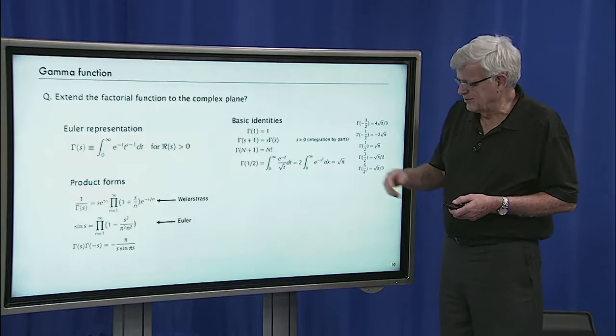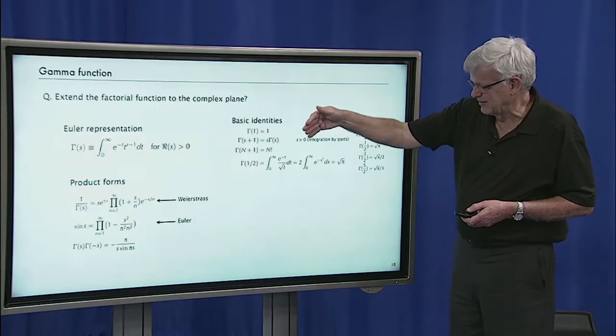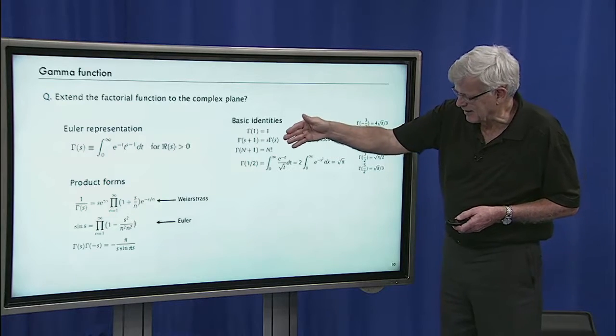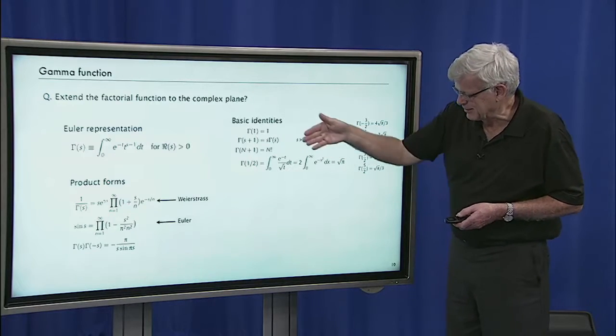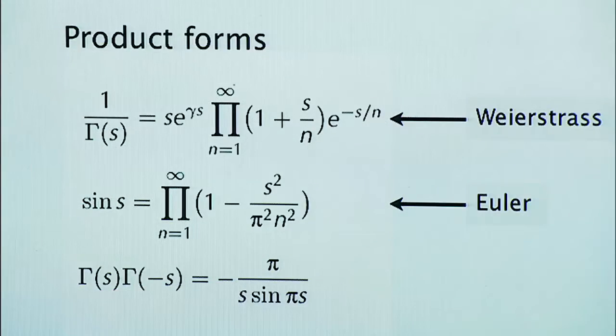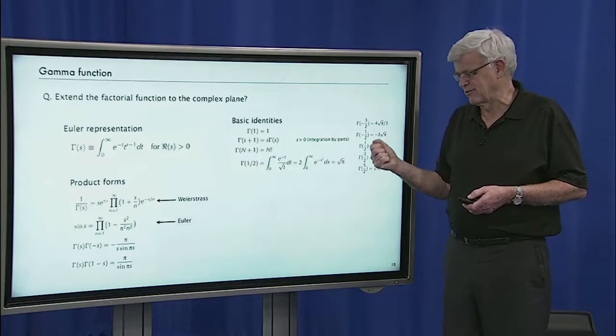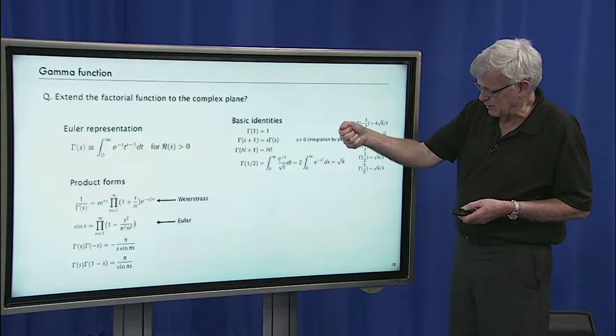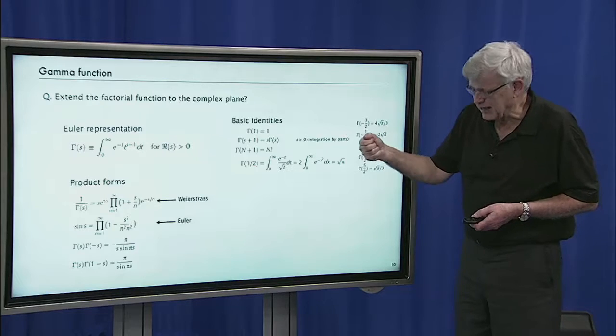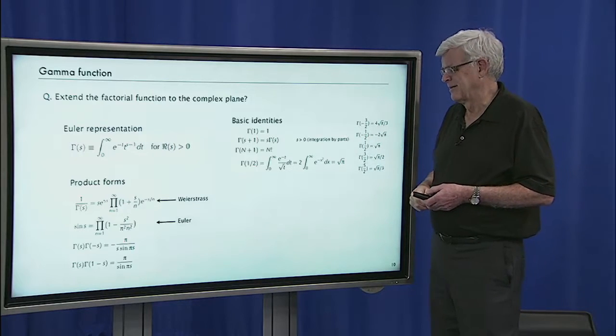And so then you can do things from these forms, like prove that gamma of s times gamma of minus s equals minus pi over s sine pi s. Kind of amazing identities that you wouldn't think there'd be such a relationship, but boom, there it is. Or another famous one is the so-called reflection formula, gamma of s times gamma of 1 minus s equals pi over sine of pi s.